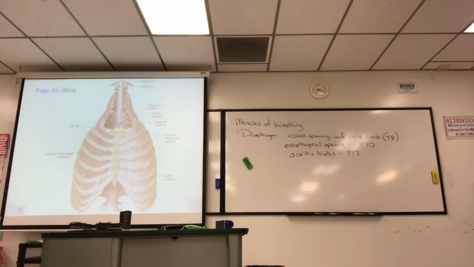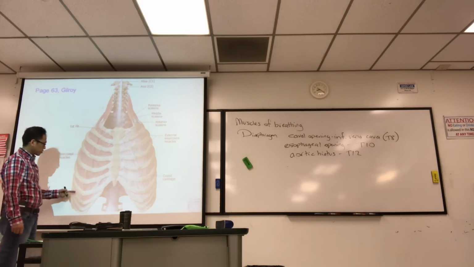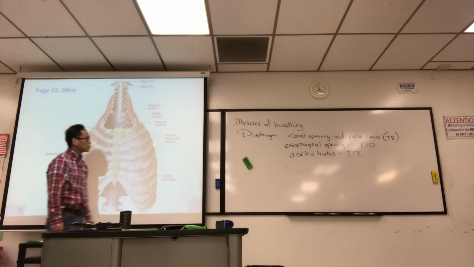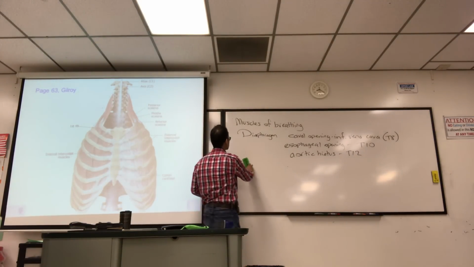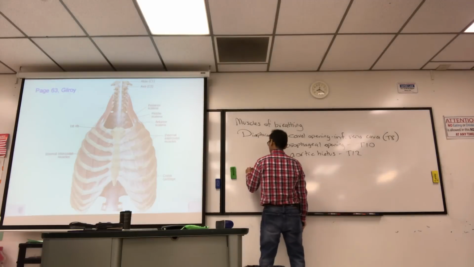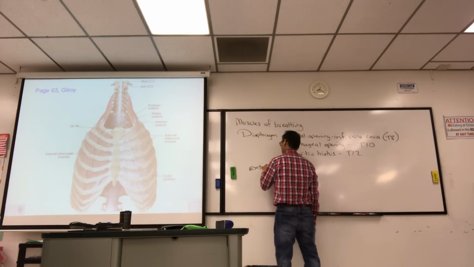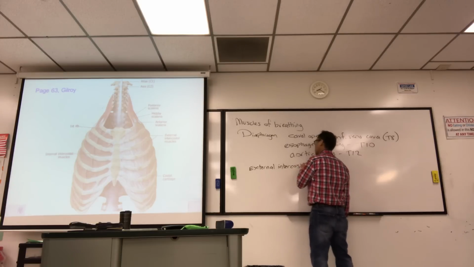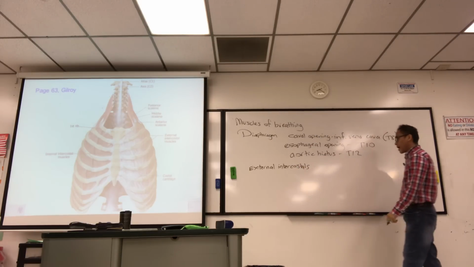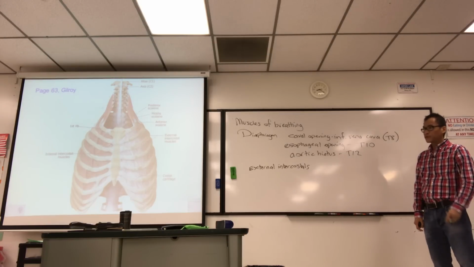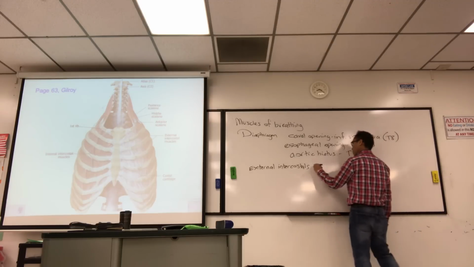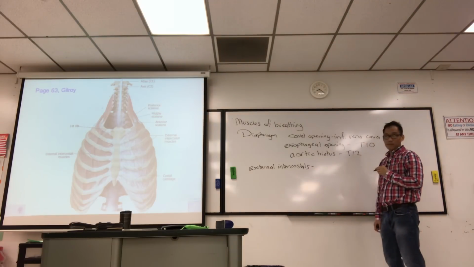There are other muscles that help you breathe, and I put this picture there. The muscles between the ribs, between each intercostal space, there's the external and there's the internal intercostals. Along with the diaphragm, the external intercostals and the diaphragm are considered your muscles of inspiration. They help you breathe in because the external intercostals basically elevate ribs.